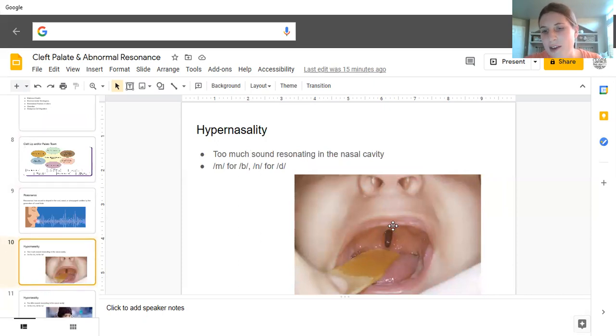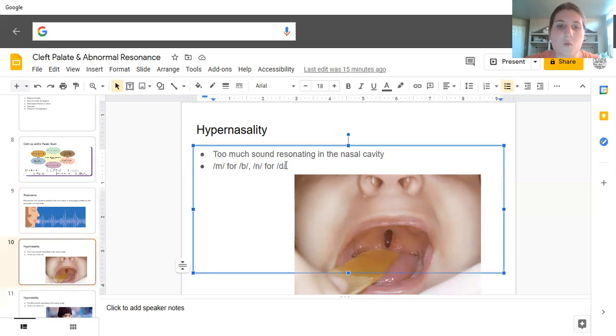Also, with cleft palate after surgery, sometimes the child can develop a fistula, so that certainly can also cause hypernasality. Oftentimes, children will substitute consonants for nasal, so they will say the m for the b sound and the n for the d sound.